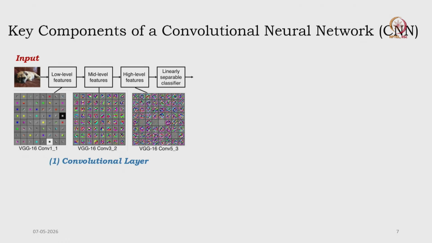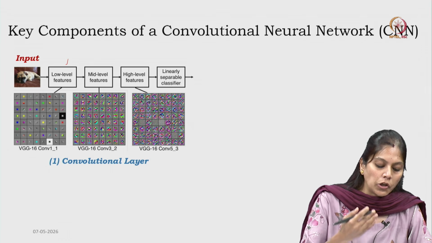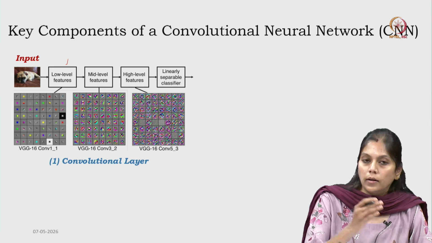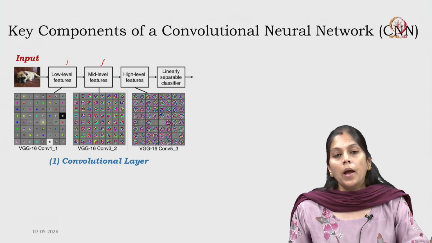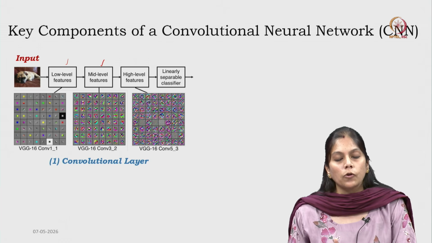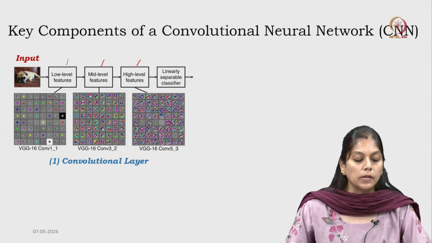It is mainly responsible for extracting the features. If you see here, the earlier convolutional layers will be focusing on low-level features, the mid-level convolutional layers will focus on mid-level features, and the last convolutional layers focus on high-level features.